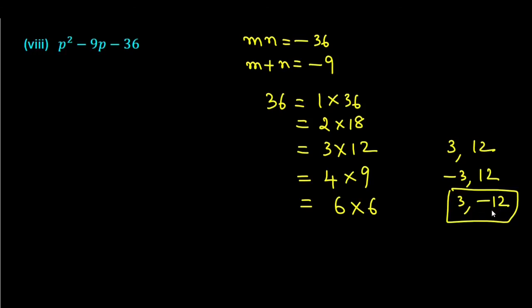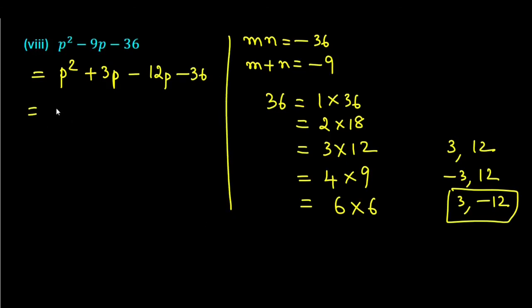This pair is the right choice. So this can be written as p square as it is plus 3p minus 12p minus 36.